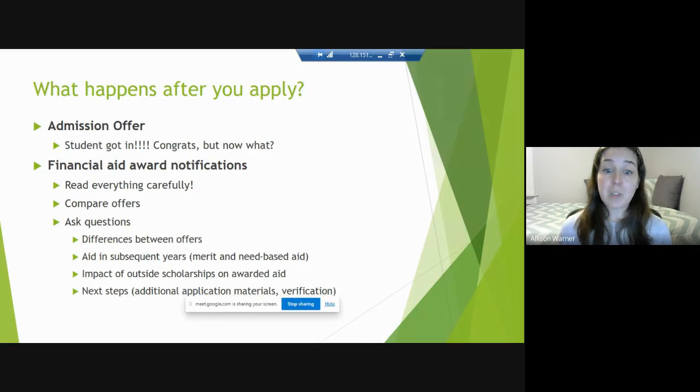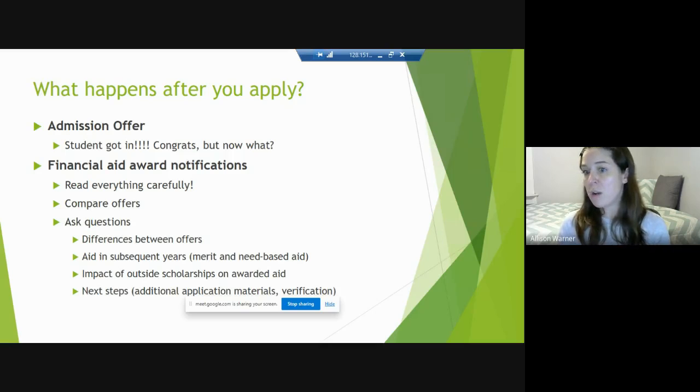Some other things you would also need to verify once you get accepted is, is there any outstanding documentation I need to provide the school in order to have my aid disbursed? At least at Rochester, we will package students, and then there will be some items that we make a requirement in order for their loans to disburse.